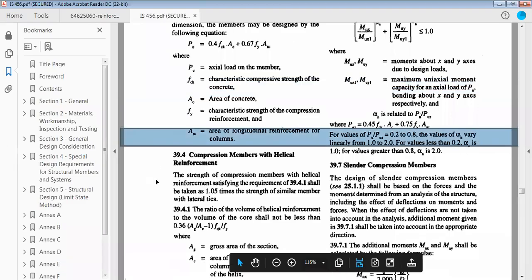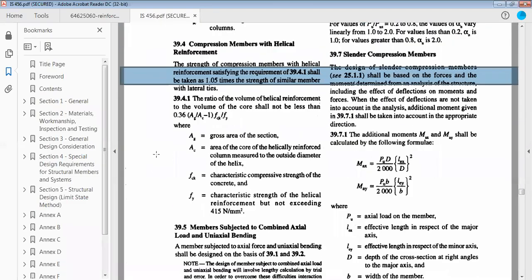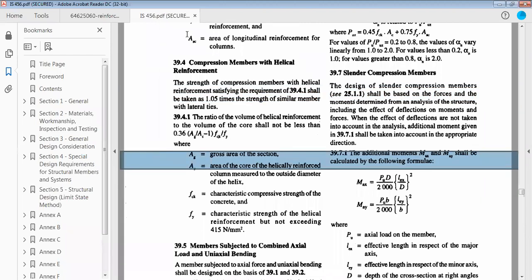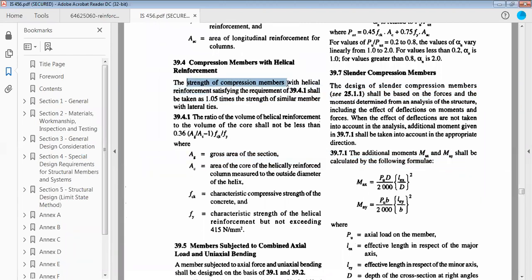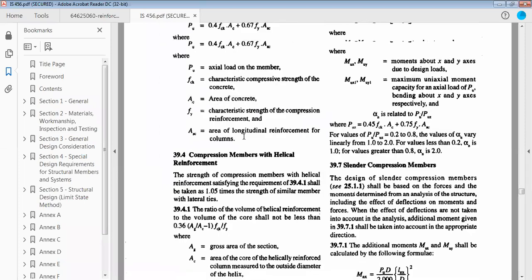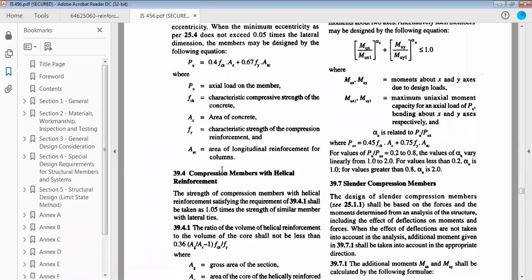Now in helical reinforcement, when you have a compression member with helical reinforcement, the strength of the compression member with helical reinforcement satisfying the requirements of 39.4.1 shall be taken as 1.05 times. I have already explained once that you have to multiply this by 1.05.